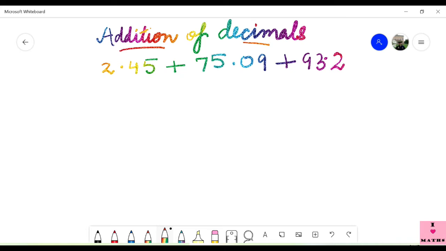If we have to add these three numbers, we have to take care of the places. For instance, 2 is at 1's place. Here 4 is at 10th place. 5 at 100th place. Here 5 at 1's place. 7 at 10's place. 0 at 10th place. 9 at 100th place, and so on.